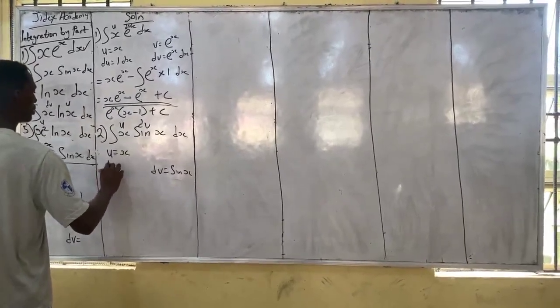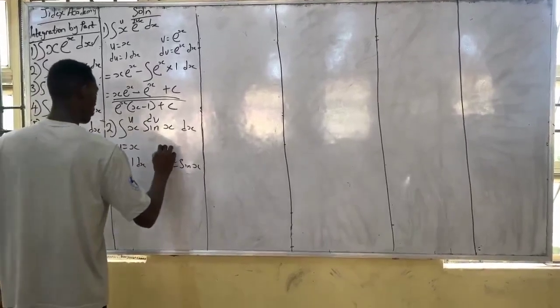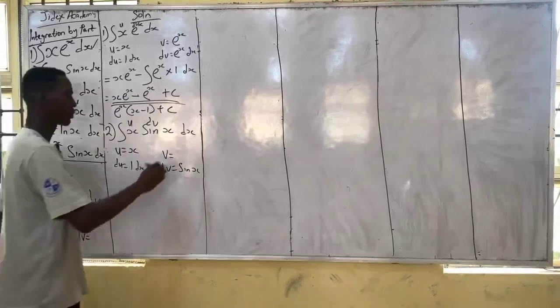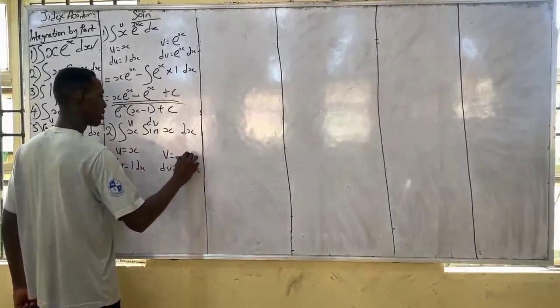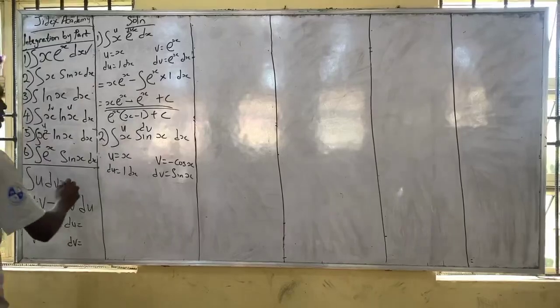So our du is equal to 1 dx. Then our v: if you find the antiderivative of sine x, it will give us minus cosine x, or minus cos x. So we can now copy and paste.